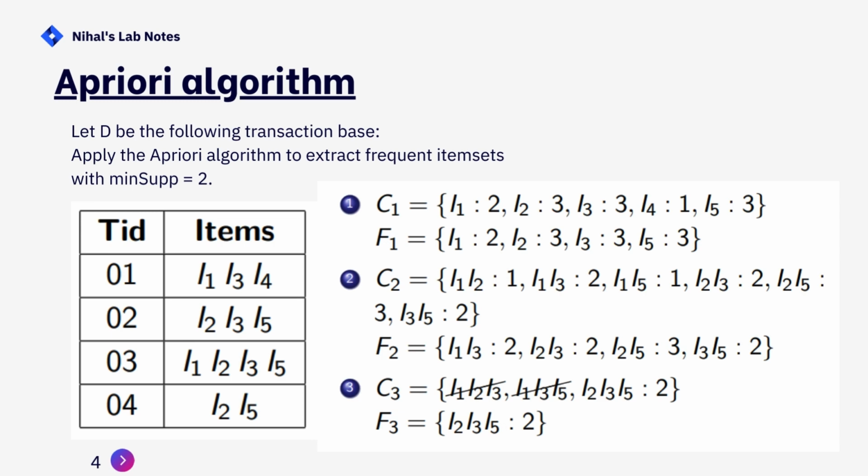I1, I2, I3 and I1, I3, I5 have a support equal to 1, which means they are not frequent. So F3 will contain just I2, I3, I5 with the support equal to 2, because its support is greater than or equal to the minimum support. So the solution is F1 join F2 join F3.